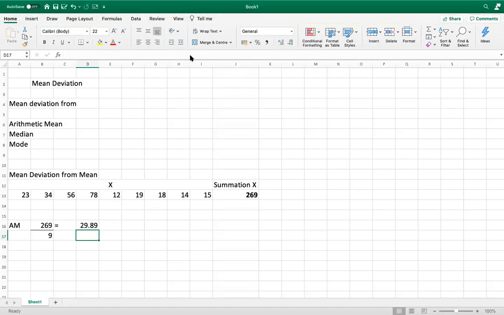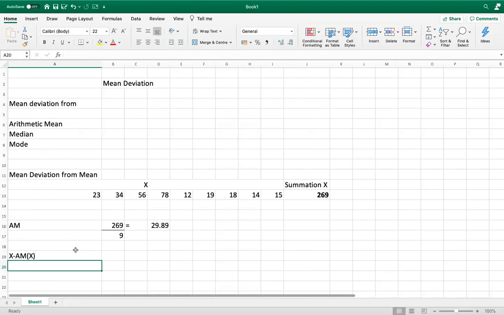So I'm going to compute on an average how much the values are deviating from this. So I will say x minus x bar. X bar यहाँ पे लिखने का ये नहीं है, इसलिए I will write it as AM x, ठीक है, arithmetic mean of x. Are you following? Yes, ma'am.